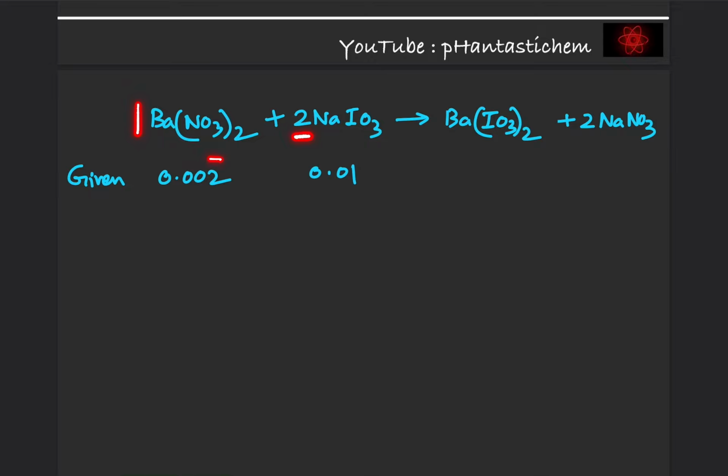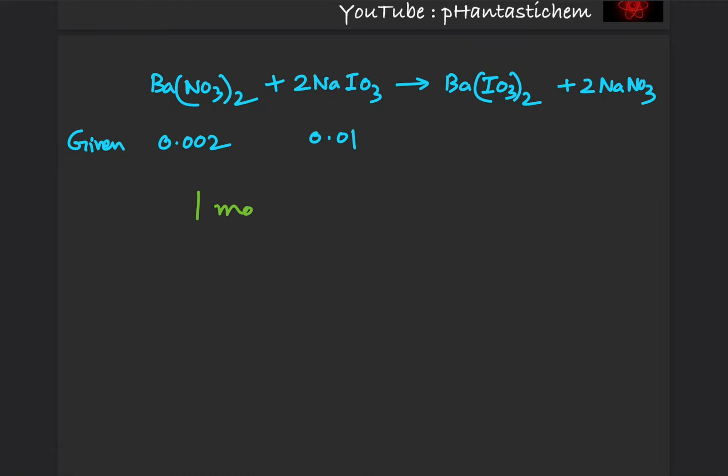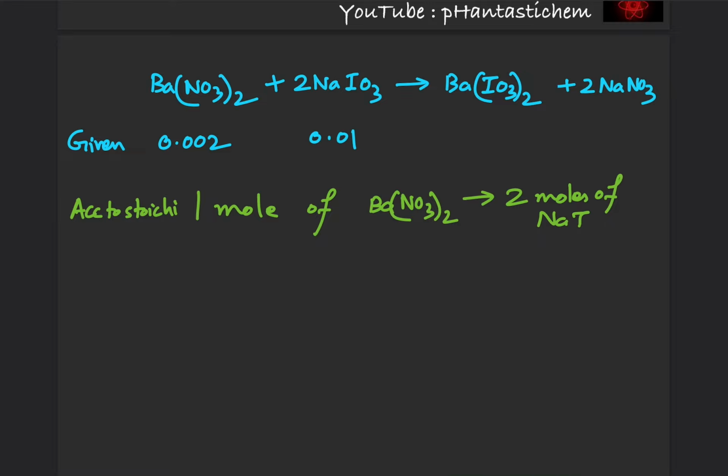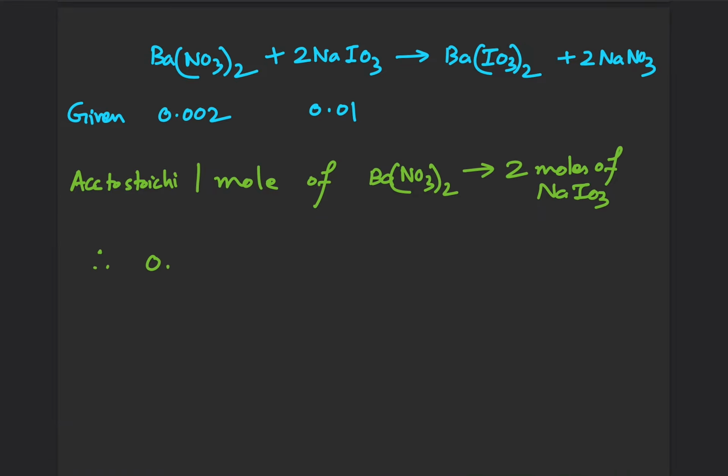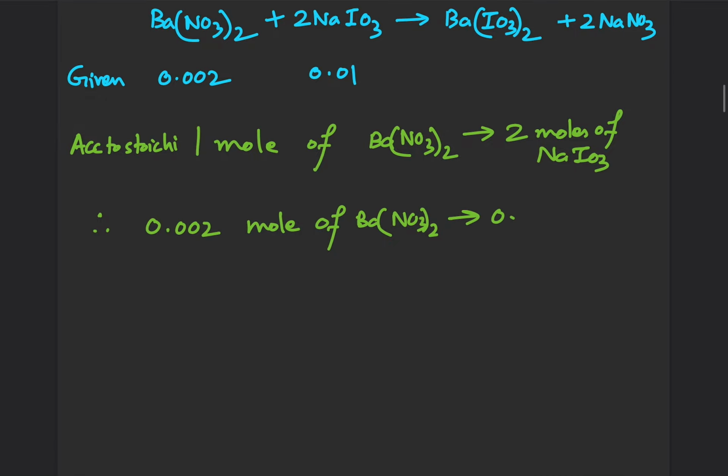So let's find out how much 0.002 moles of barium nitrate would require. 1 mole of Ba(NO3)2 needs 2 moles of NaIO3, so 0.002 moles of barium nitrate will require 0.004 moles of NaIO3.